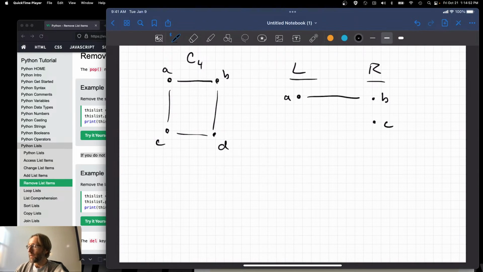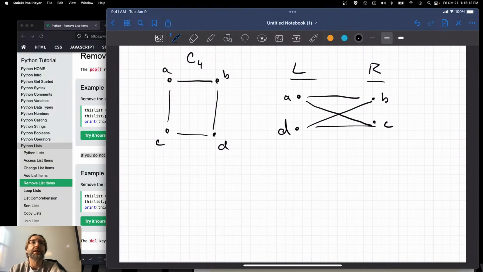There's my connection to these 2. Now, where would I have to put D? Well, D is connected to C, so it can't be in the right partition because C is already there. So it has to go over here. Writing the rest of my edges here.